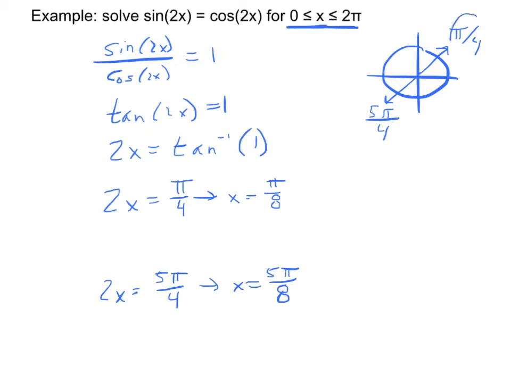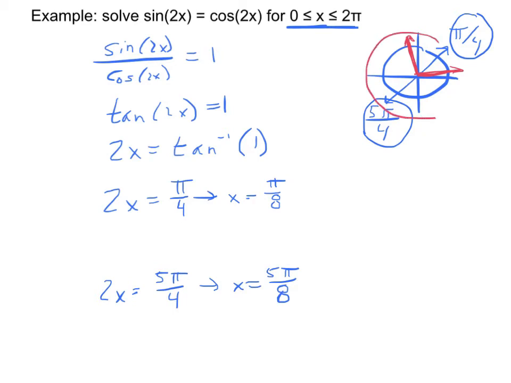Initially it felt like we found all the solutions on 0 to 2 pi, but then we divided them by 2. Pi over 8 is here, and 5 pi over 8 is only here, just barely more than pi over 2. So sometimes we even need to ask: could I go all the way around the circle?